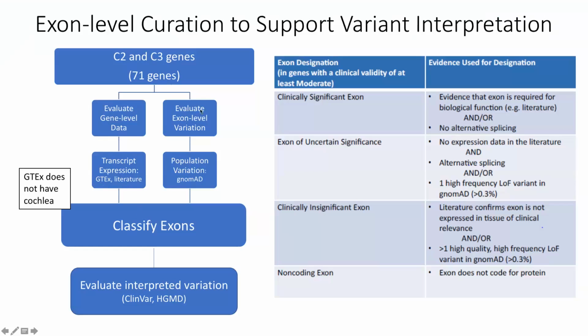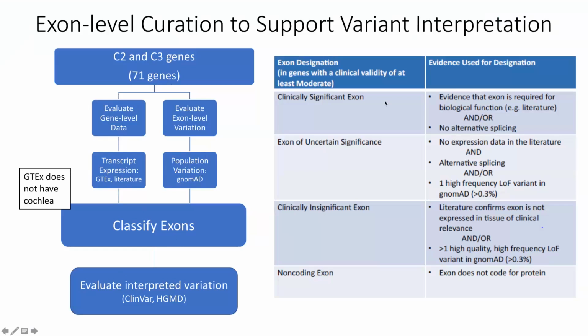So for exon level variation, we actually wanted to look at high frequency loss of function variants in gnomAD, suggesting that if there's a high frequency of a loss of function in a particular exon, maybe that exon isn't necessarily included in the relevant transcript, especially if loss of function is a known mechanism of disease, and that would maybe make an exon or a transcript suspicious. And so we actually used this to classify the exons. And once exons were classified, we used this to evaluate interpreted variation.